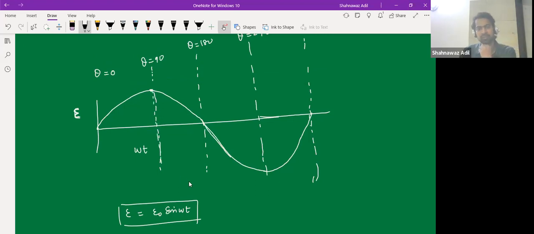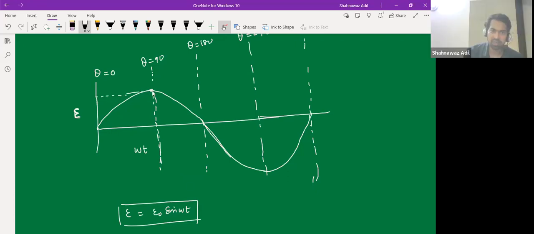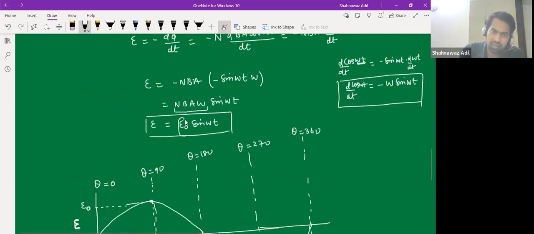Yeah, this is the maximum value, right? So at this point, my EMF is maximum, so this is E naught. And that is what I call E naught here. So this is my maximum EMF generated, right? Maximum EMF.